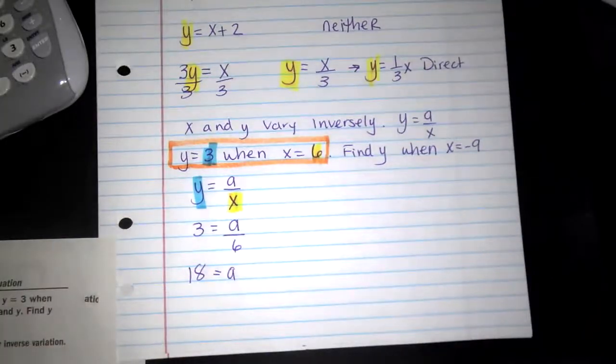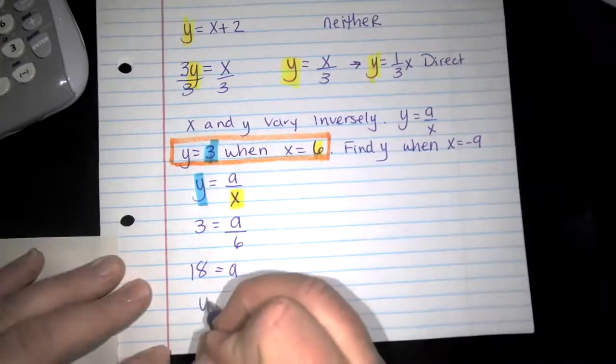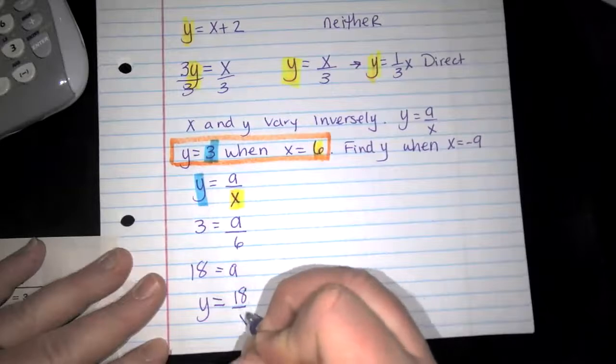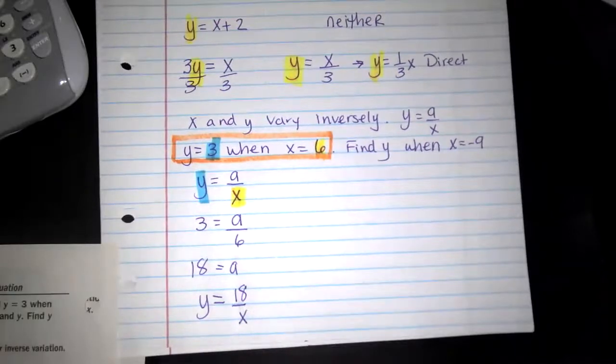Stop and write the equation now that you have found a. Now it sounds like I'm getting angry. I am, because I keep telling people to do this, and then you can plug in anything you want after it. But you need to come up with an equation that you can use for anything. So y equals 18 over x. Box it in.